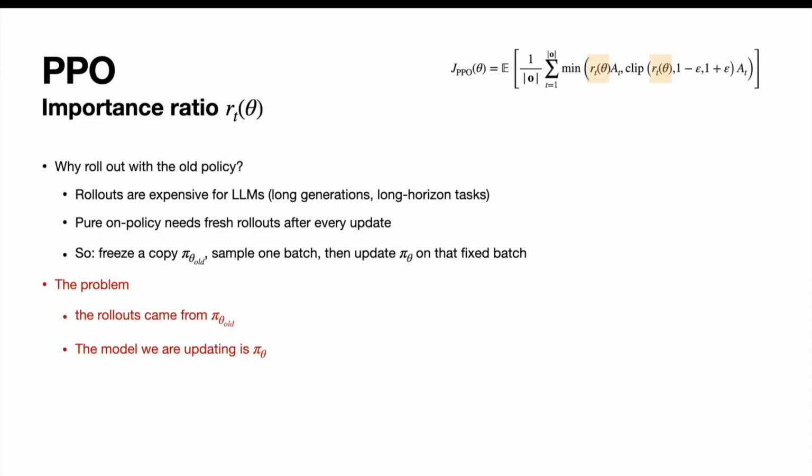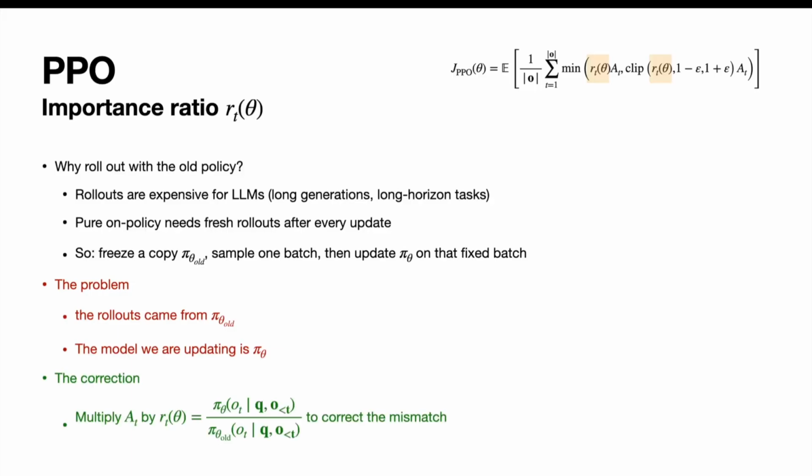So, here is the problem. The rollouts came from the old policy pi theta old, but the model we are updating is the current policy pi theta. To correct this mismatch, we multiply the advantage A_t by the importance ratio r_t(theta).